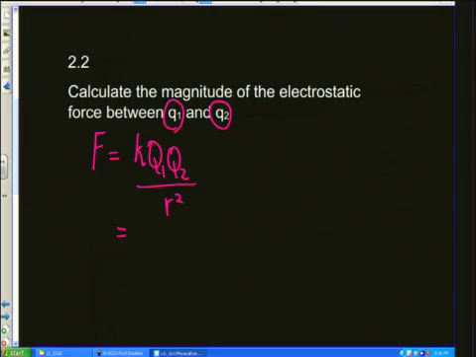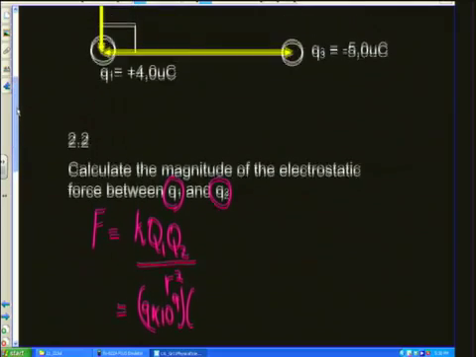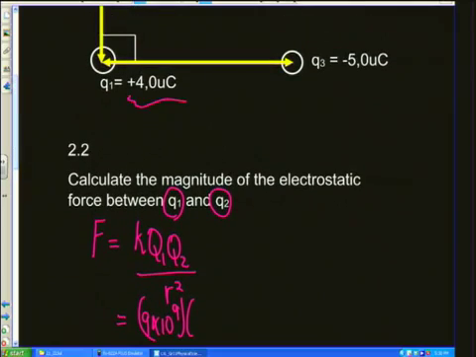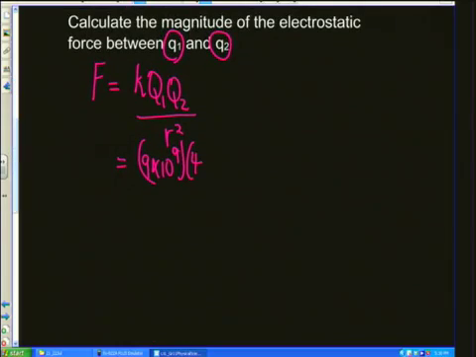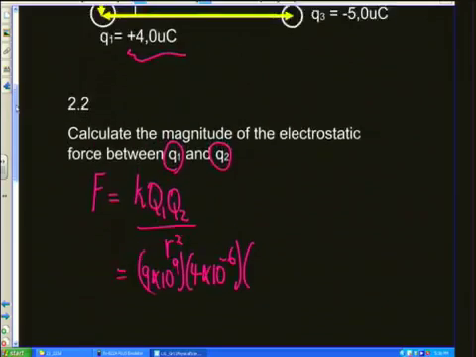So that will be equal to K, which is 9 by 10 to the power 9, a constant, times Q1. Q1 is 4 microcoulombs, so I need to convert that. It will be positive 4 by 10 to the power minus 6, times Q2.